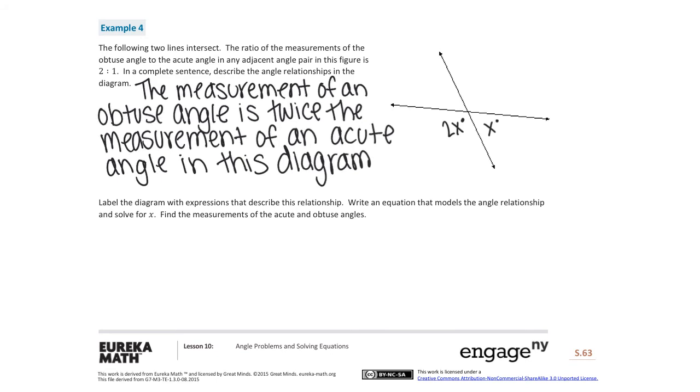Now label the diagram with expressions that describe this relationship. Write an equation that models the angle relationship and solve for x. Find the measurements of the acute and obtuse angles.